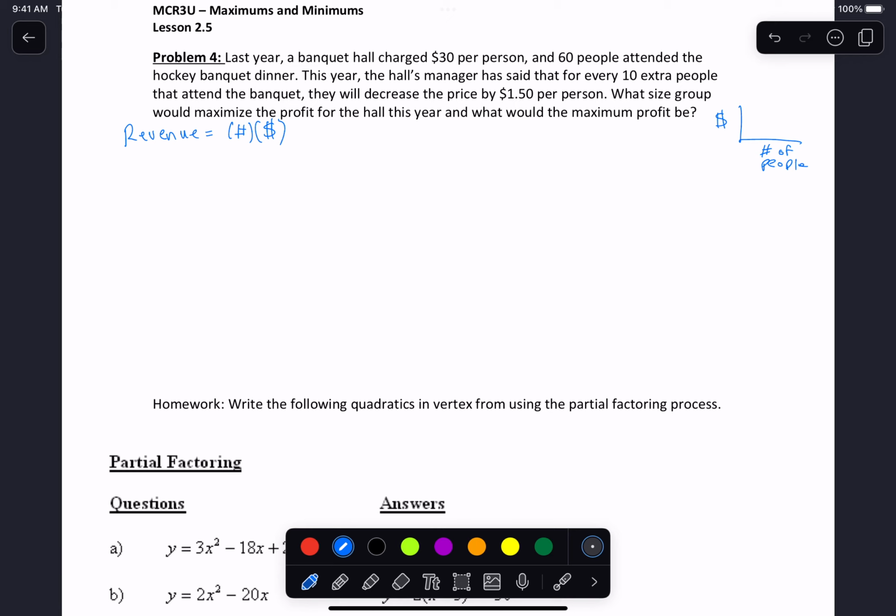So what we want to find out is based on the conditions that they're imposing on us. I'm going to let x represent the number of $1.50 price decreases.